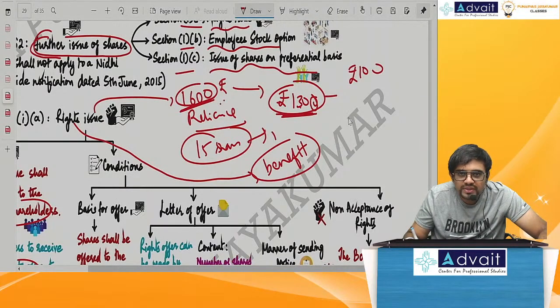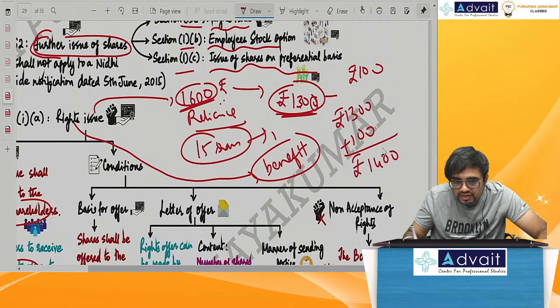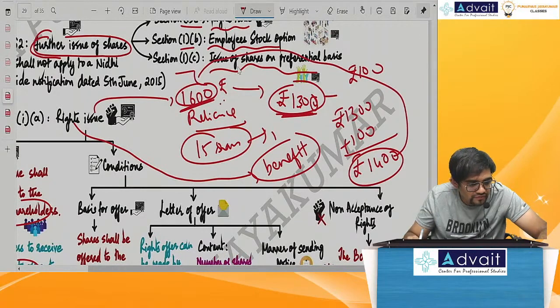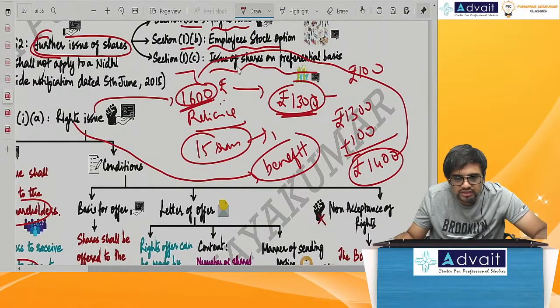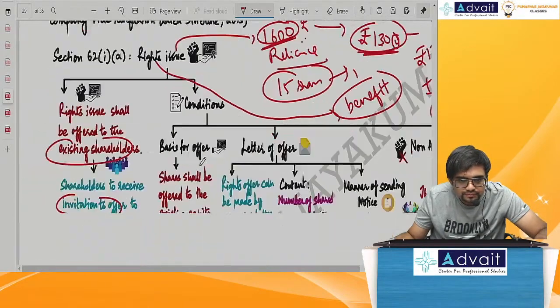So basically 1,300 plus 100. A person who is purchasing the rights shares is now paying 1,400 as against the market value of 1,600. This is what they are trying to tell.